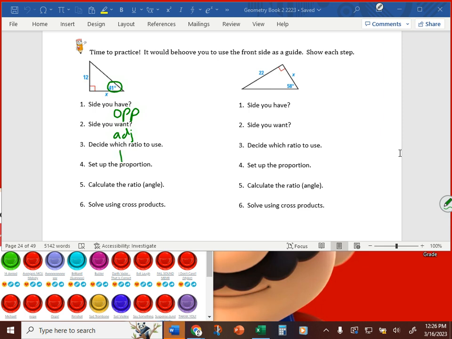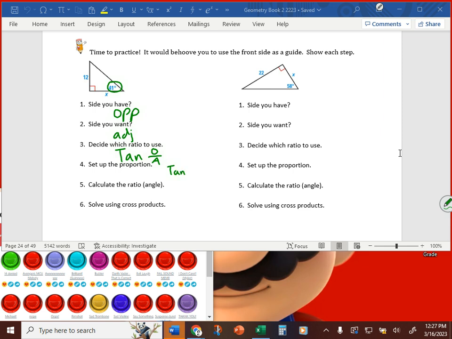So decide which ratio to use. The only ratio with opposite and adjacent is tangent. And the order of that ratio is always opposite over adjacent. Never will it be the other way. So when it comes to how do I set this up, what goes on top, where does the x get placed? Well, x being the adjacent side, that's going to be in the denominator here, right? Does it matter though? Yes, it does.